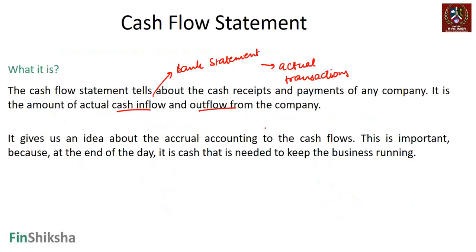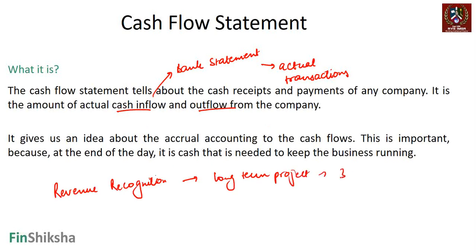Remember, in our discussion on P&L, we had said that there is a scenario of revenue recognition. Revenue recognition can happen for, let's say, a long-term project. If there's a long-term project for a period like 3 years, then how much do you book in the first year, right? In that case, there is some sort of an opinion that comes into the picture.